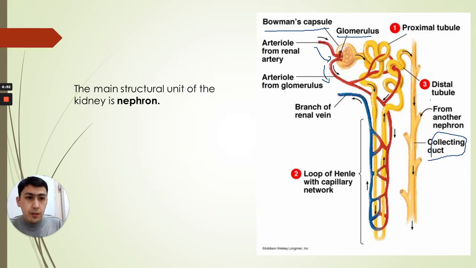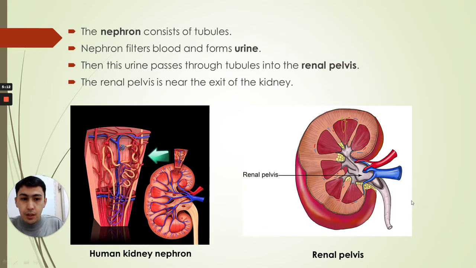For example, here one nephron pours the urine, here another nephron pours it, here another one, here another one. So this collecting duct collects all the urine from different nephrons. Then it goes to the renal pelvis.